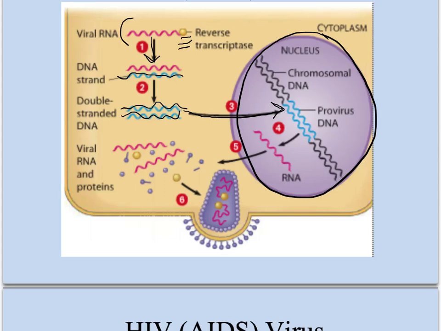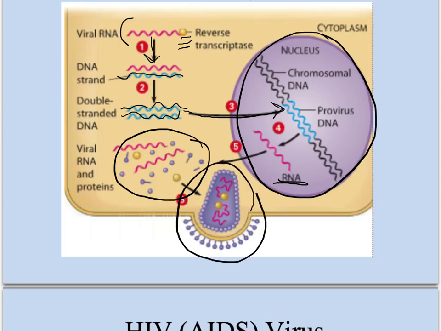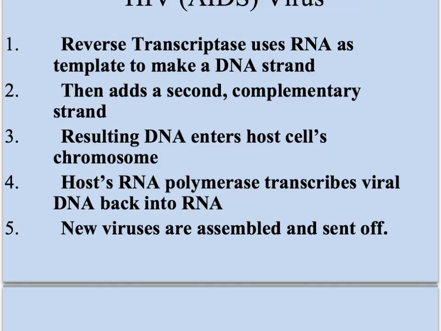So the host cell is going to use its own mechanisms and its own enzymes to copy the HIV DNA back into RNA. And then this RNA is going to code for all the different components of the HIV virus, which it's then going to complete and put together and package off and send to other cells. So like I said, you don't need to know the details of this. It's just for your information. So here's the steps. If you want to copy those down, you can.